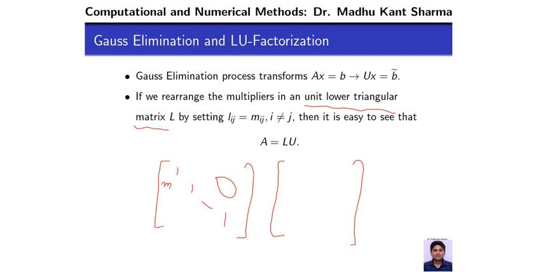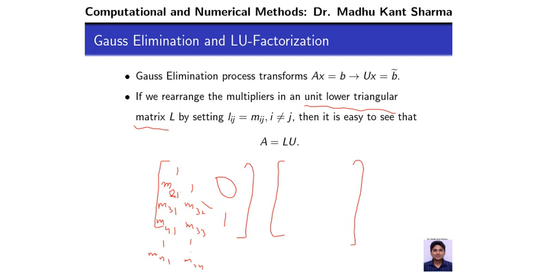For the first step you have the multipliers M21, M31, M41, and so on, Mn1. Then the second step has M32, and so on.